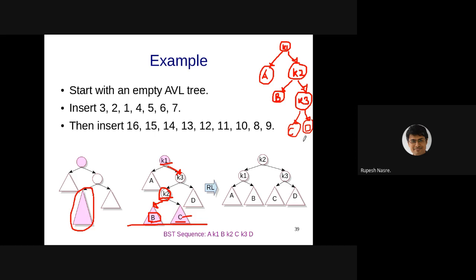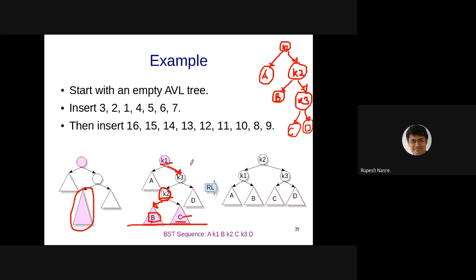Let me check. When K2 and K3 right rotate, K2 becomes the root of that subtree, K3 becomes the right child, K3 adopts K2's right child which is C, and K2's left child continues. Yeah, this seems right, so this is after R.